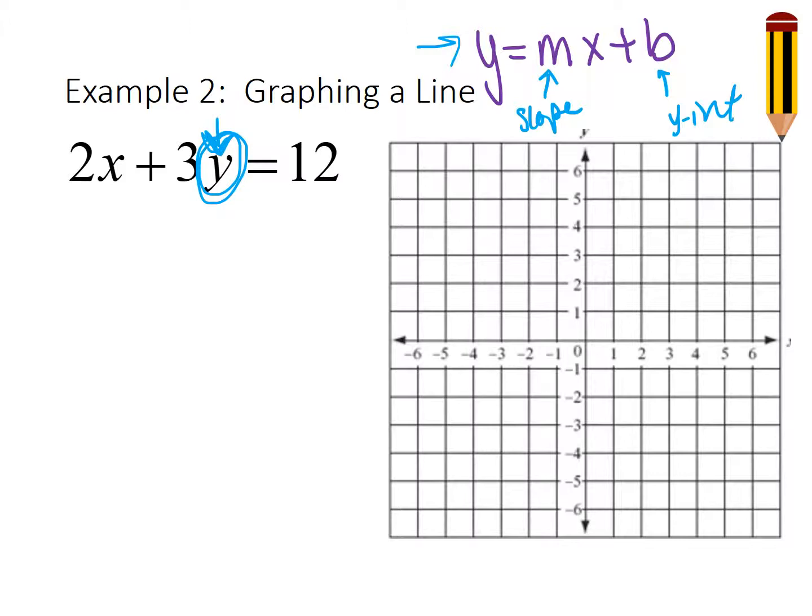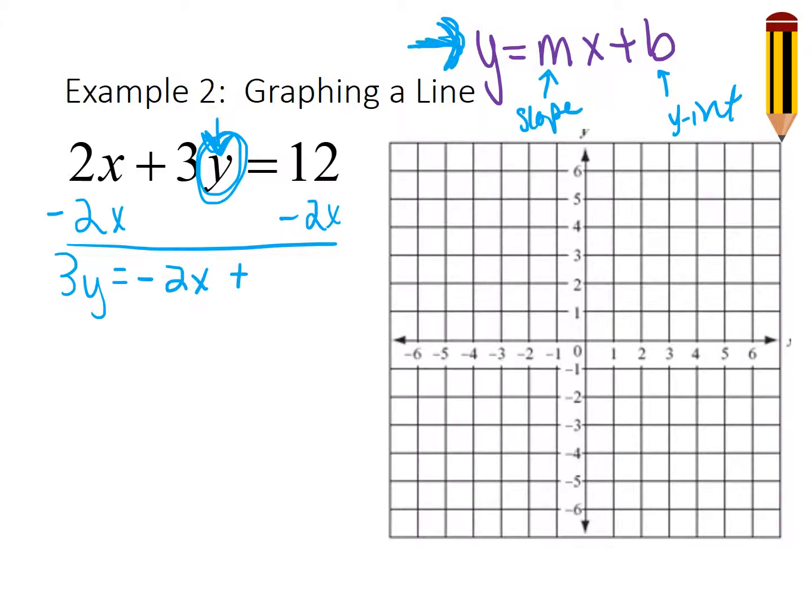So in order to do that, we have to do reverse PEMDAS, which means subtract the 2x away. That leaves me with 3y on the left-hand side. Now, 12 and negative 2x are not like terms, so we cannot combine them. But if I want to follow the format of y equals mx plus b, I'm going to want to write the x term first.